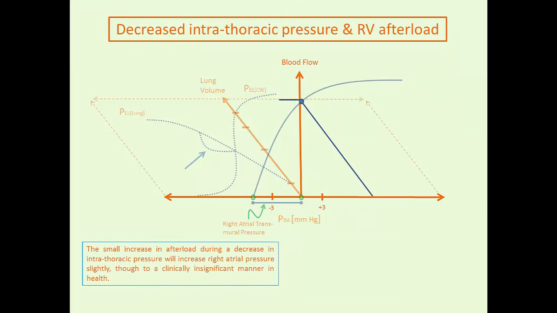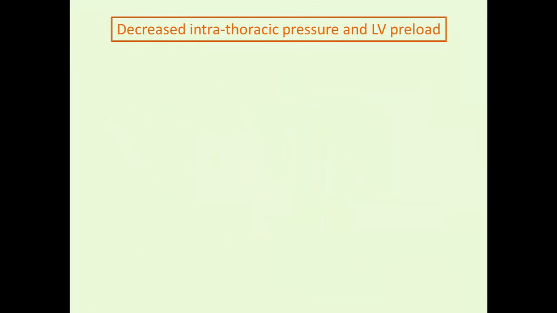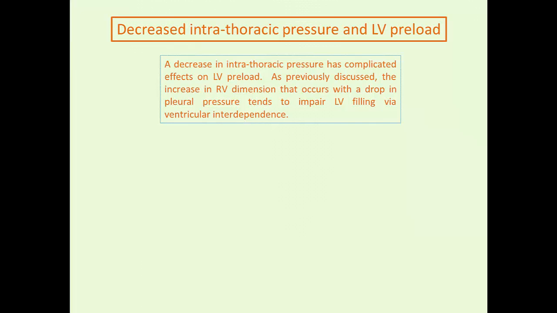So a small increase in afterload during a decrease in intrathoracic pressure will increase the right atrial pressure slightly, though typically in a clinically insignificant manner in health. So this change in cardiac function curve represents the small increase in afterload that you get with a decrease in intrathoracic pressure. And this effect would tend to augment ventricular interdependence. Again, minimal in health. More profound in severe states of lung inflation, as we'll talk about in the next chapter.